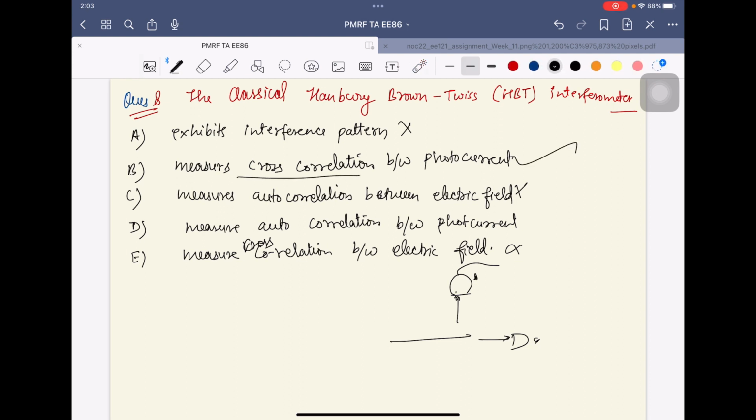This is the right answer here, because cross correlation means we measure either coming on this one or coming on this one. So for any detector, if the photon is detected at t plus tau, that is the cross correlation, not the autocorrelation.